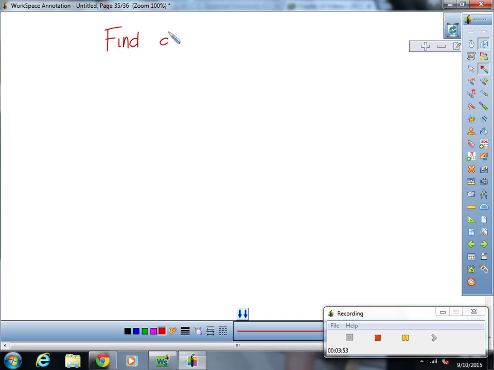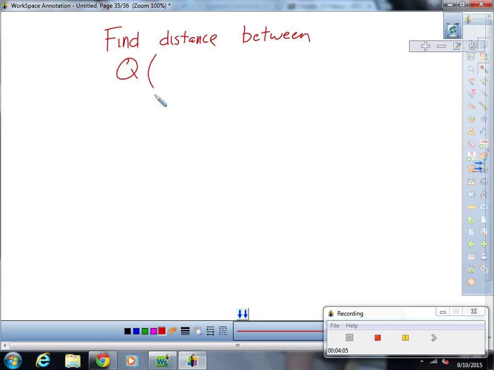Find the distance between Q, which is (1, 5, -4), and the plane defined by 3x minus y plus 2z equals 6.